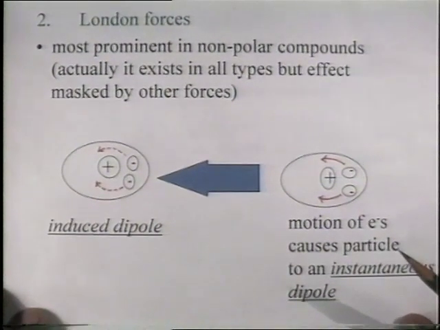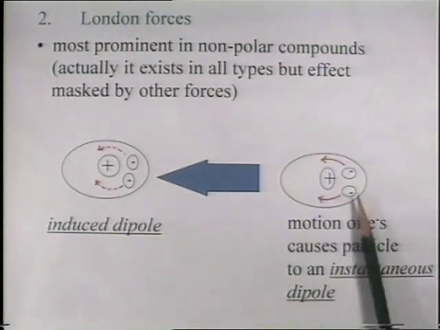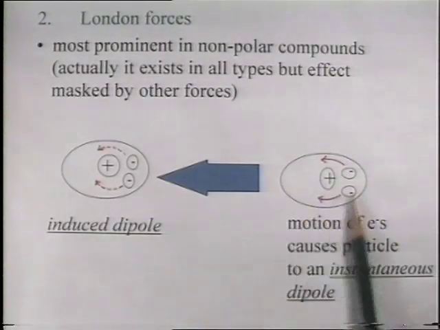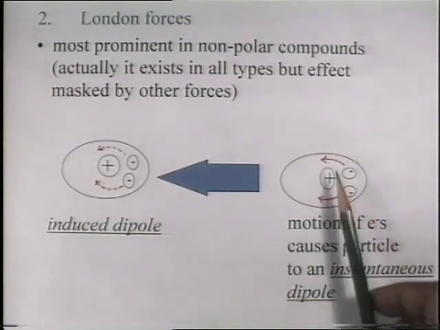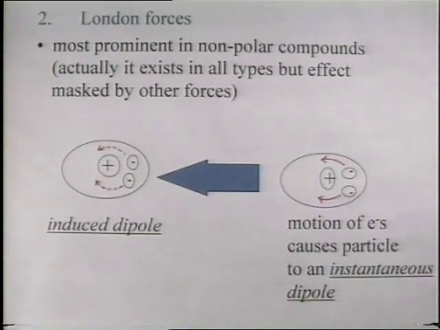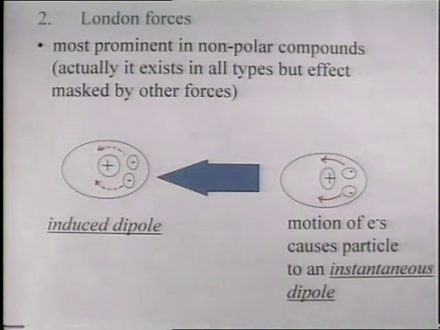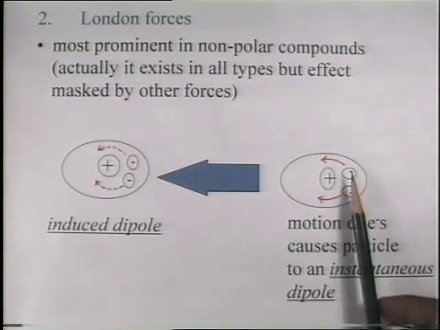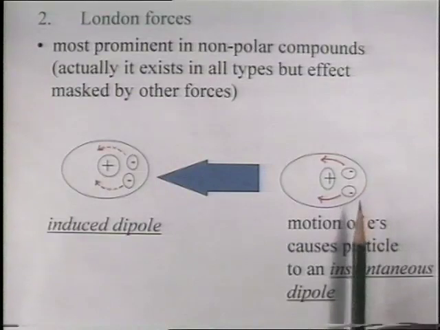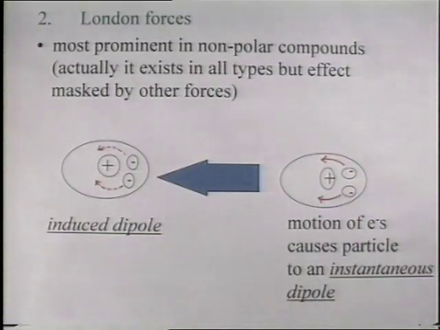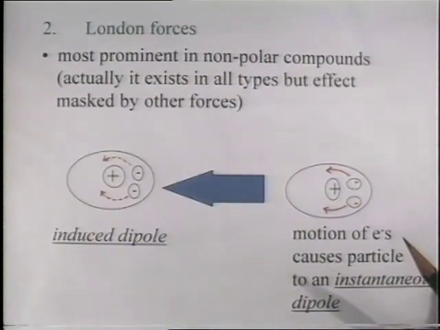How do these London forces arise? If we look at this end here of the illustration, in any atom, there is a positively charged nucleus because of the presence of the protons, and the electrons move around, and it's the constant motion of these electrons that gives rise to what is known as the instantaneous dipole, which is shown on this end, and the red arrows here try to indicate that the electrons are constantly in motion.